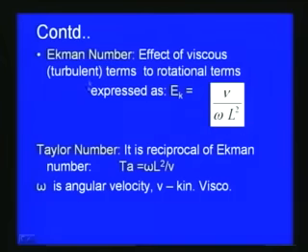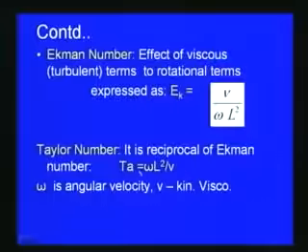And wherever these rotational flows are considered, there the reciprocal of Ekman number is defined as Taylor number. It is Ta is equal to omega L square by nu. So, this is also used wherever we deal with the rotational flows.